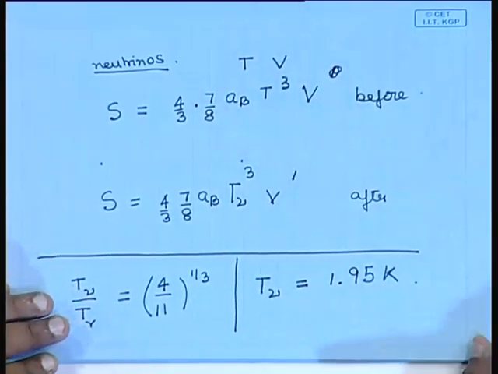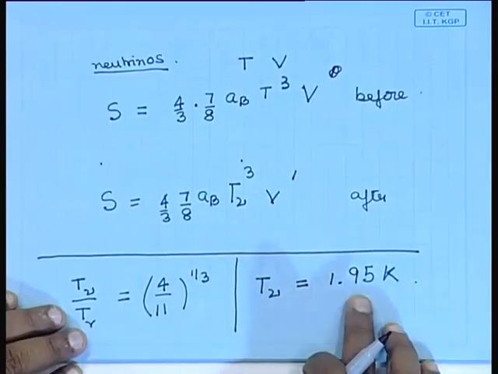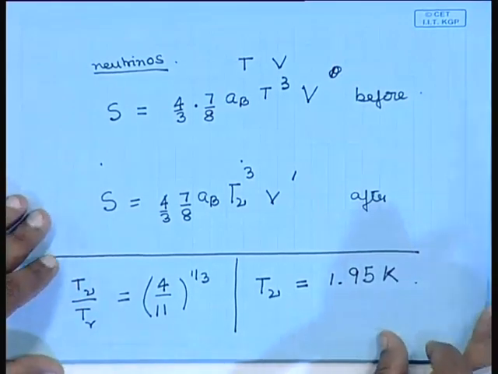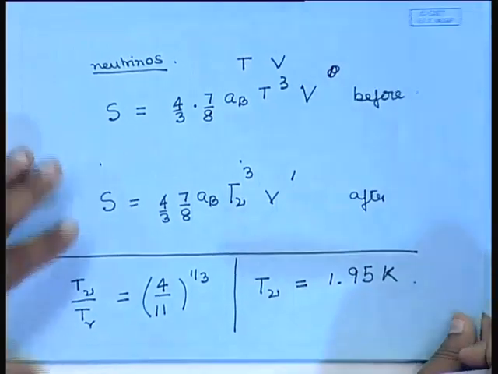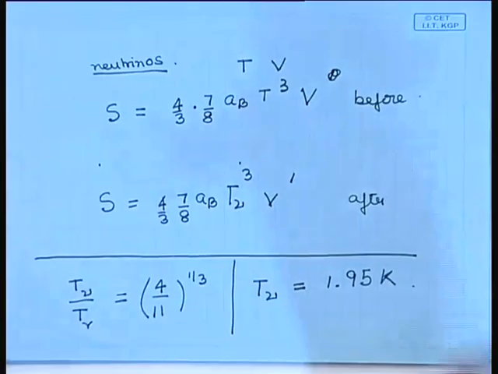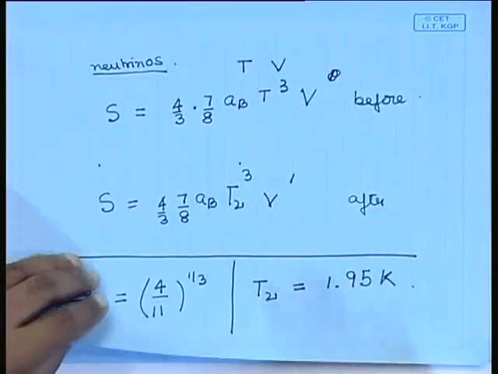It is lower. Okay, the temperature of the neutrinos is 1.95 Kelvin. It is lower than the CMBR temperature because the CMBR received this extra energy from the positron electron annihilation. Okay, after that they both just evolve as 1 by A as the universe expands. Okay, so if you extrapolate to the present day, this has a temperature 1.95.